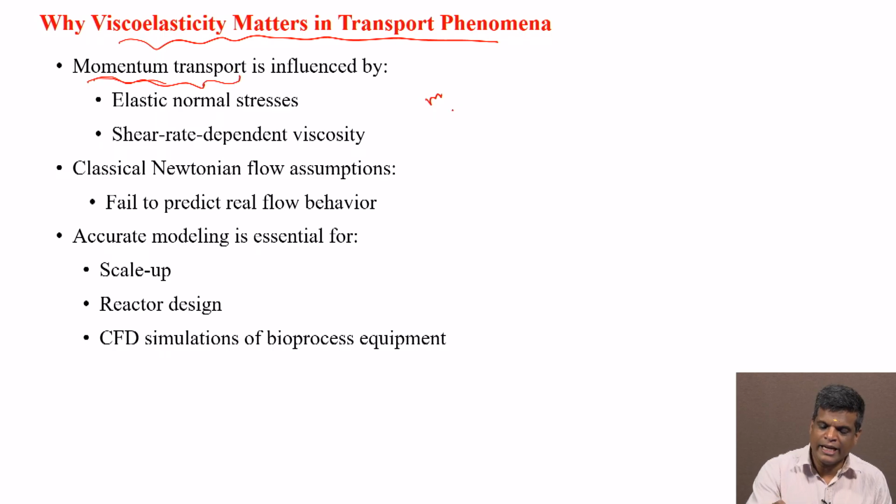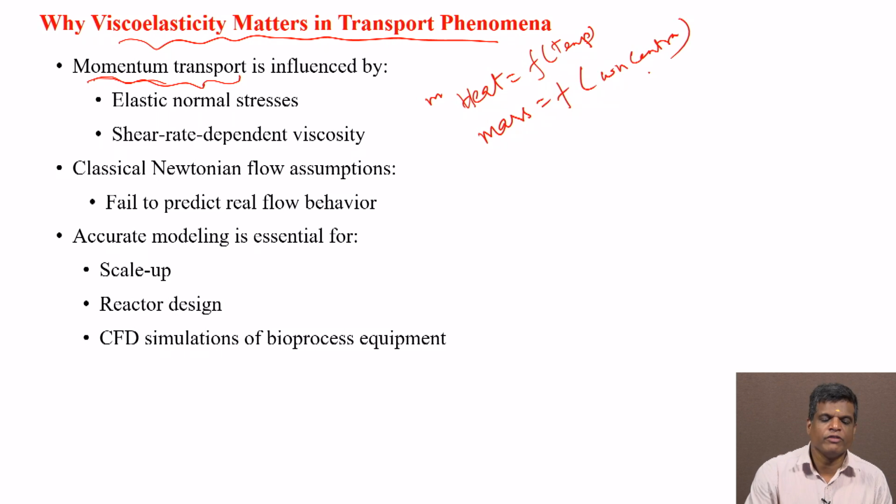For heat transfer, temperature is the driving force. And for mass, concentration is the driving force. So the movement and transport is normally influenced by elastic normal stress and shear rate dependent viscosity.